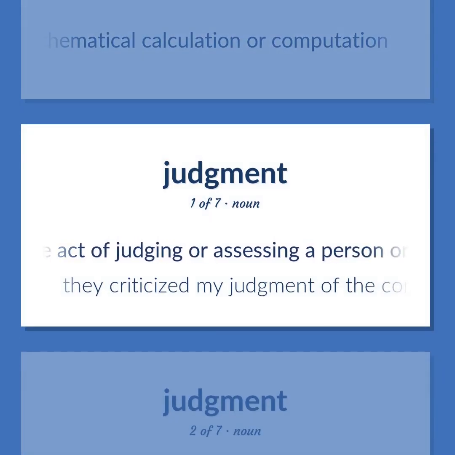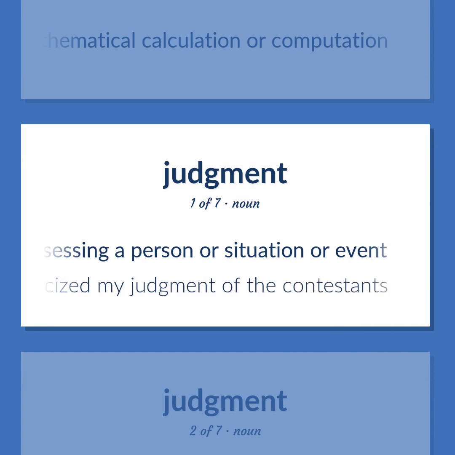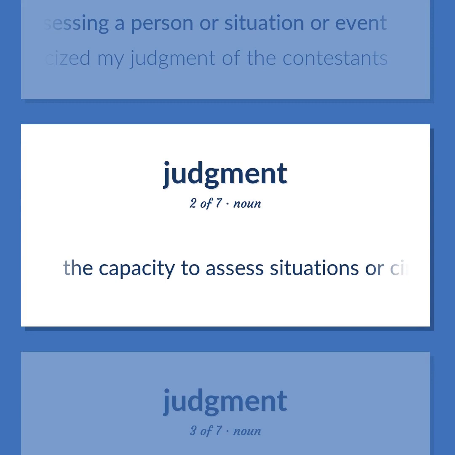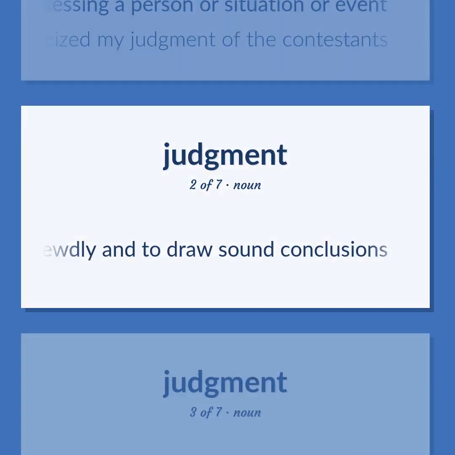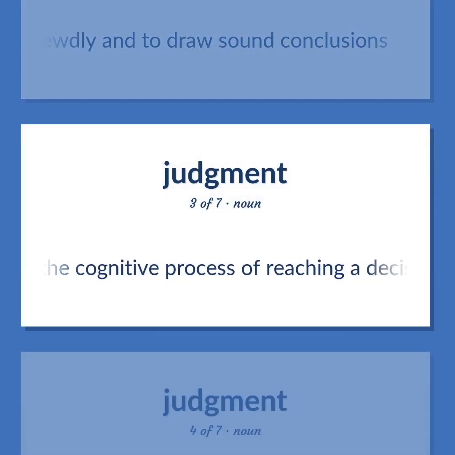The act of judging or assessing a person or situation or event. They criticized my judgment of the contestants. The capacity to assess situations or circumstances shrewdly and to draw sound conclusions. The cognitive process of reaching a decision or drawing conclusions.